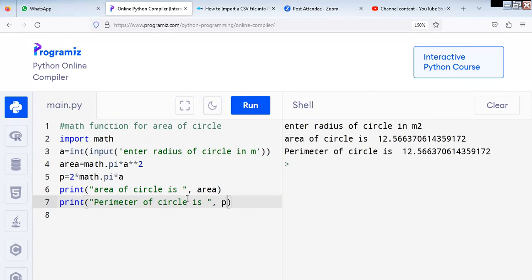So we need to do syntaxing. Area of circle is. So we need to make formatting for output. So I'll say percentage 0.3 or 0.2 f. So only 2 numbers after the decimal place will be printed. So here in area, we have to write percentage. Same thing for perimeter.